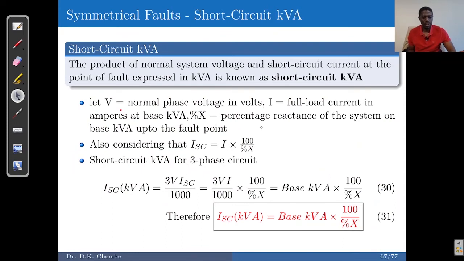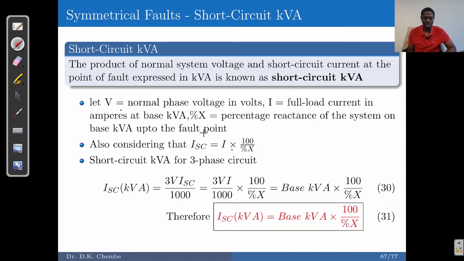So for the symmetrical faults in terms of KVA, we have to consider the calculation of the short circuit current in terms of KVA because of the ratings of the system. So we are saying the product of normal system voltage and short circuit current at the point of fault expressed in KVA is known as the short circuit KVA.